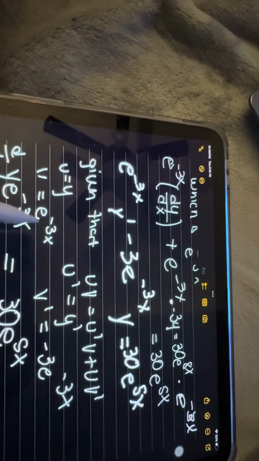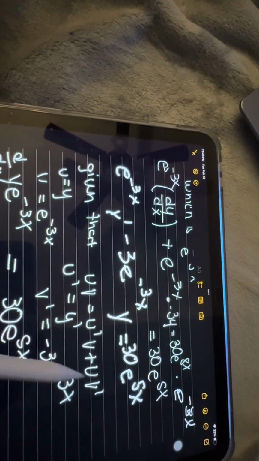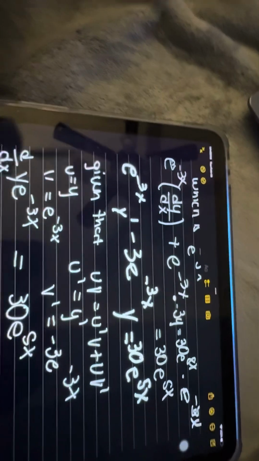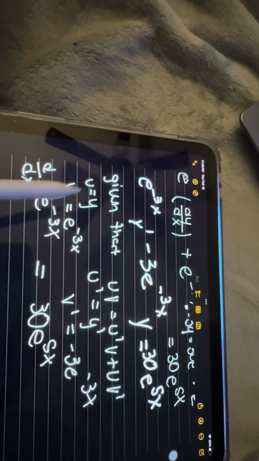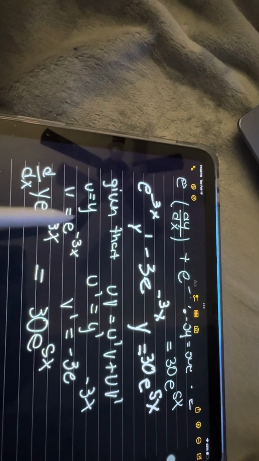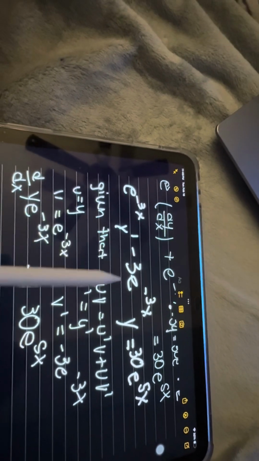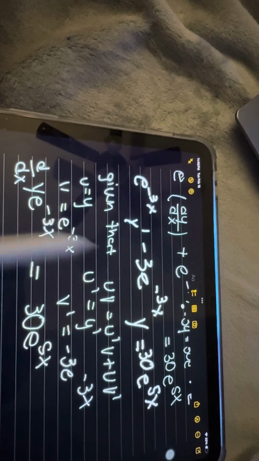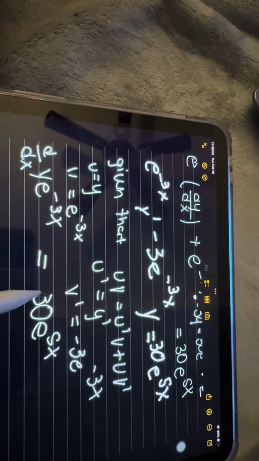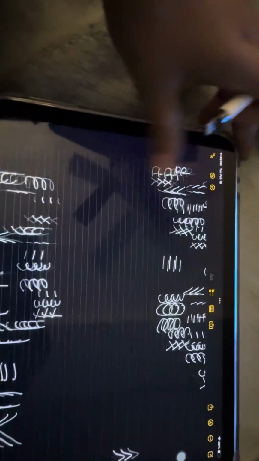Our v would be e to the -3x, and our v prime would be -3e to the -3x. Therefore, our uv would be y e to the -3x, and we put d over dx because this is clearly the derivative of y e to the -3x. On the right side, we just have 30e to the 5x, which was already simplified.